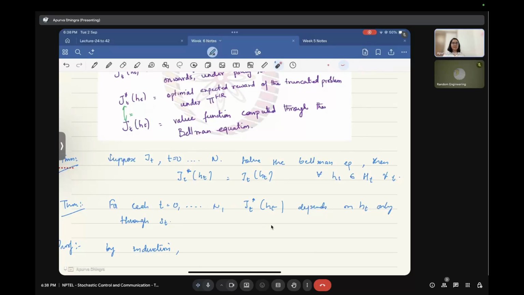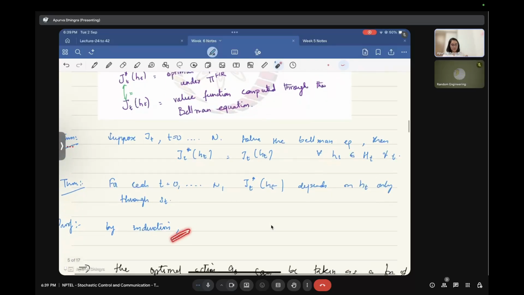The whole history is irrelevant in two ways. It does not give any optimality advantage, and the only new thing that gets added is the state, and hence that is the only thing that becomes useful. This was shown using a proof by induction.